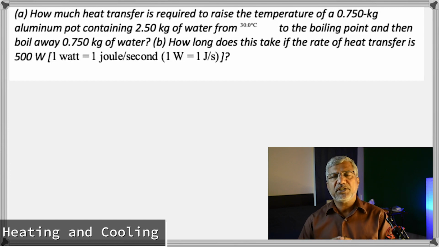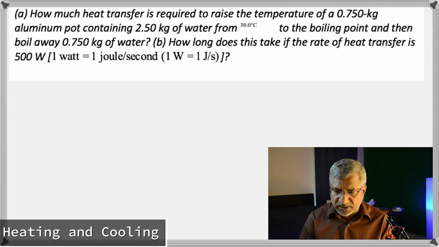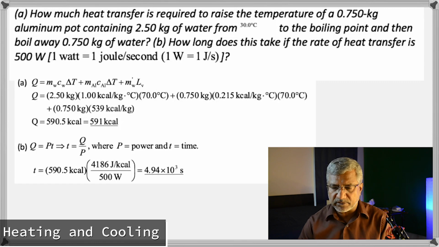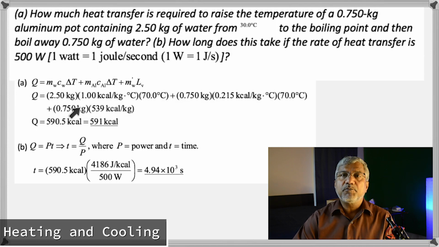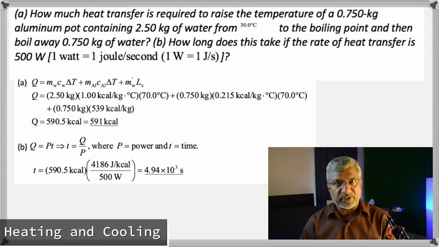When you add up these 2, you would get the total amount of heat required. That's what we're going to do. And there's a B part which we'll come to later. So here in the first part, the quantity of heat required. All right, so you see 3 parts. Why? Because first of all, water has to get heated, then aluminum has to get heated, and then, remember, for the phase change, it's only water that's having the phase change.